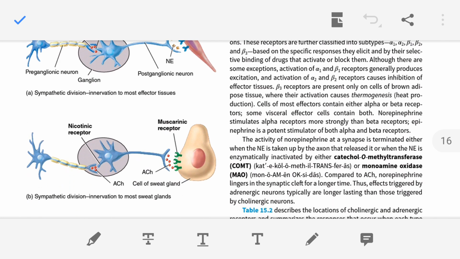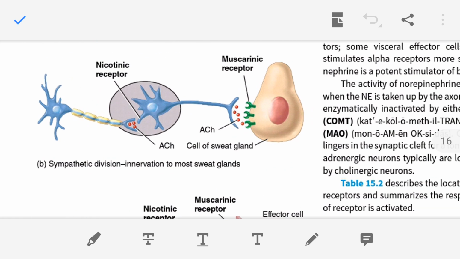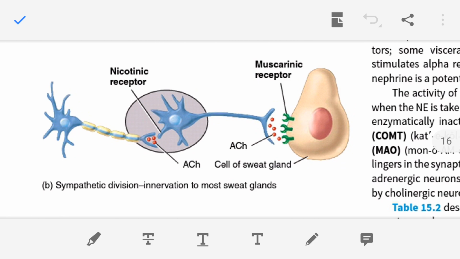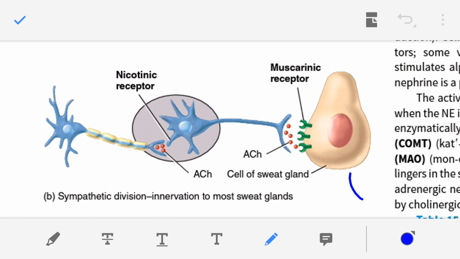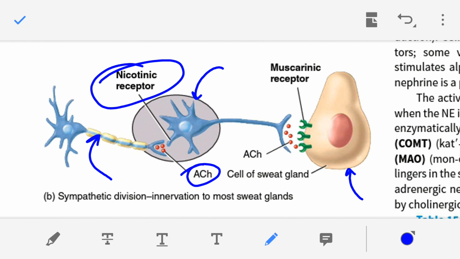Now here once again the sympathetic division. This is a cell of a sweat gland. See, this is the preganglionic neuron with acetylcholine neurotransmitter. This is the ganglion, then on the postganglionic neuron, the nicotinic receptor.